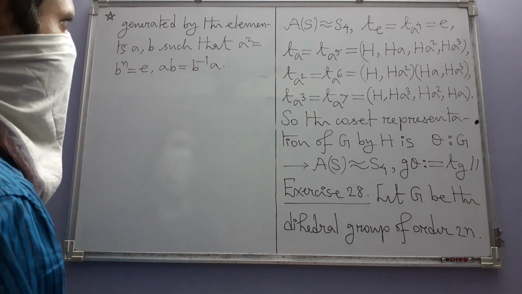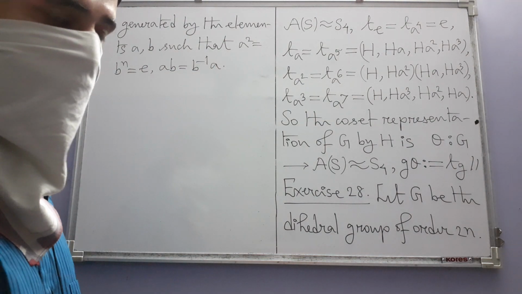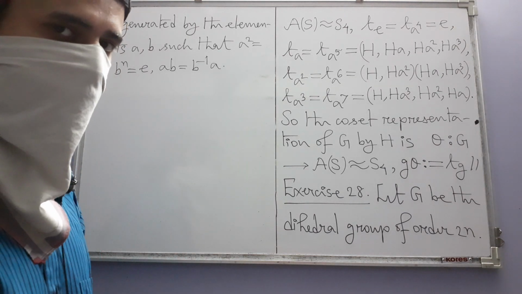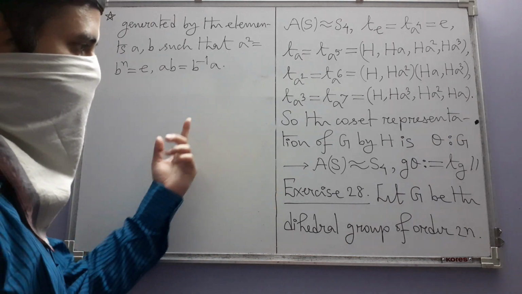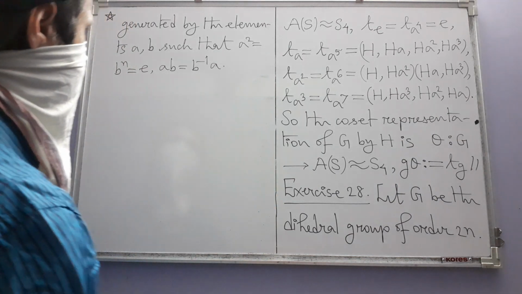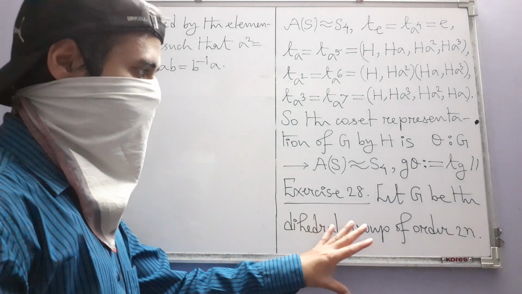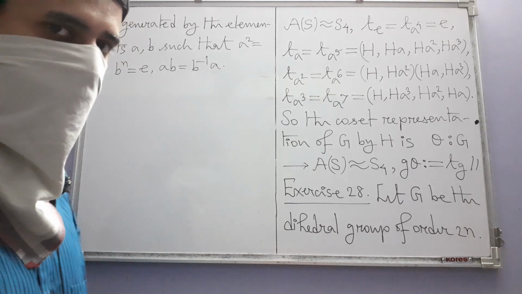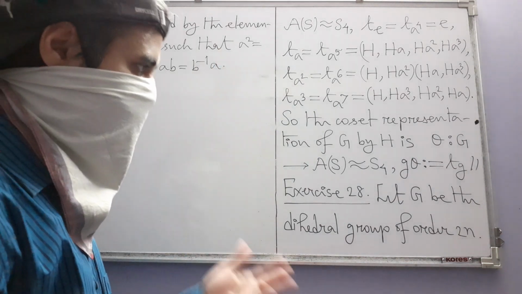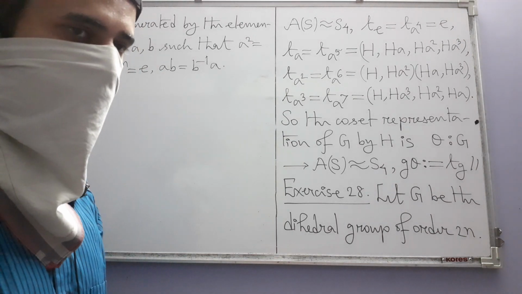So that means a is playing the role of a reflection, and b is playing the role of the smallest rotation through an angle 2 pi divided by n radians. Or originally how the dihedral group was defined to us, there in place of a we wrote x, and in place of b we wrote y. That's it.